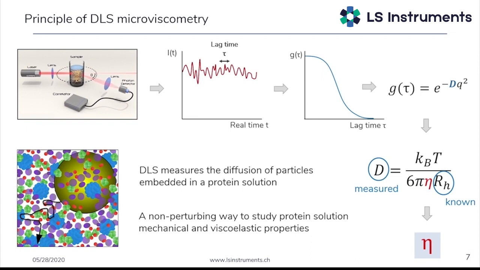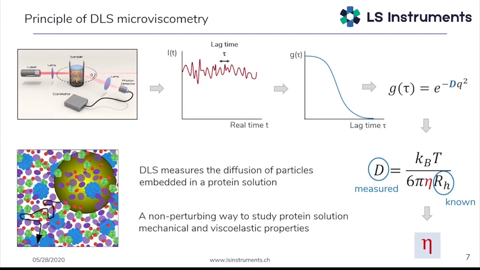If this experiment is not done with particles in a pure solvent, but particles in a protein solution, this viscosity then is the protein solution viscosity. And so by doing a simple DLS experiment of particles embedded in a protein solution, we have a completely non-perturbing way to study the solution viscosity of the protein without having to impose any mechanical strain on the sample.